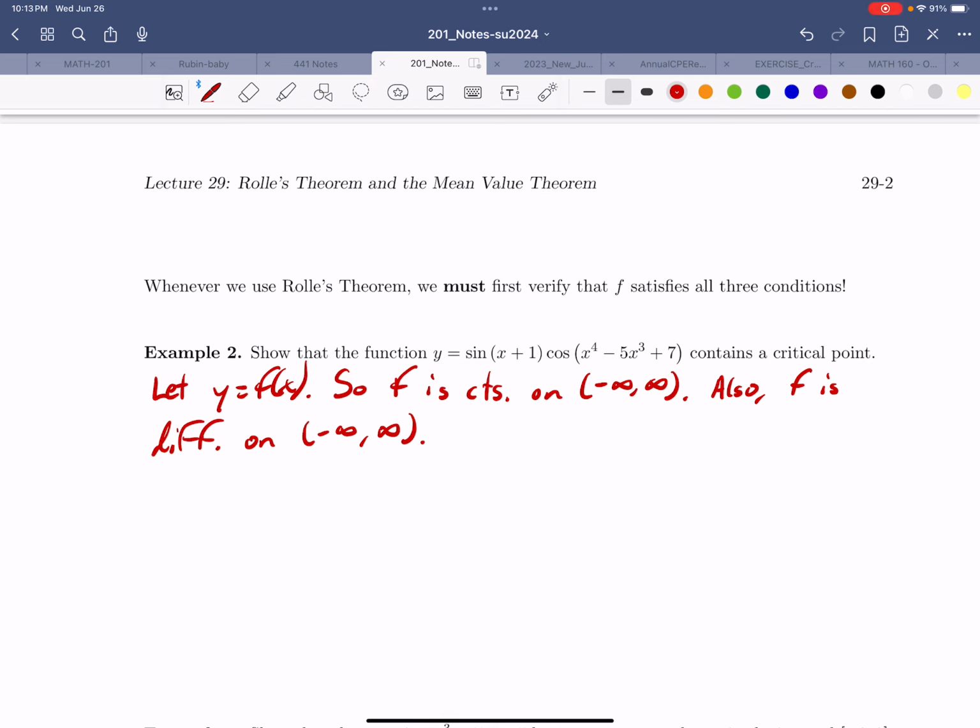Okay, now let's note that f of negative 1 equals 0, because if you plug negative 1 in here, then you get that sine of this thing is 0. Doesn't matter what it is here, the whole thing is going to be 0, because sine of 0 equals 0.